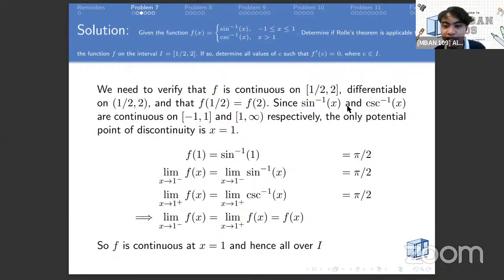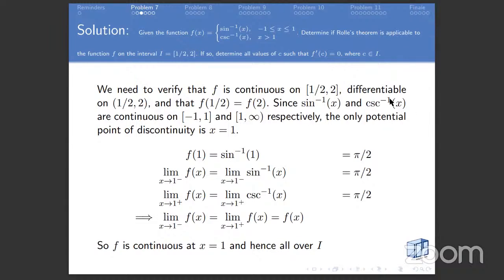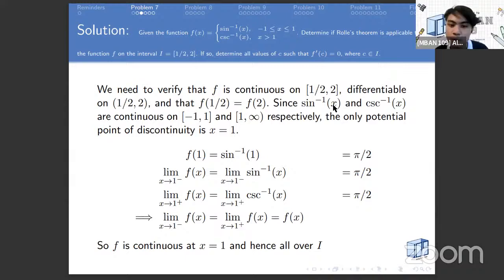Ito, dito ba sa part ito? Ay, dito po ba? Yes. Actually, dapat feeling ko domain tinutukoy niya kasi based dun sa problem, domain. I mean, I think domain naman siya. Hindi ba?